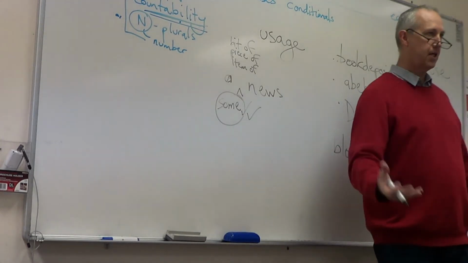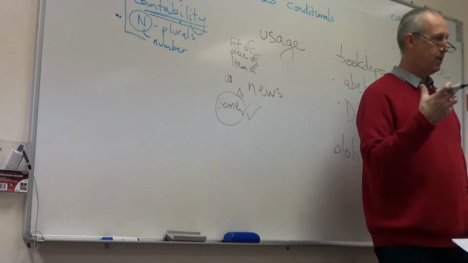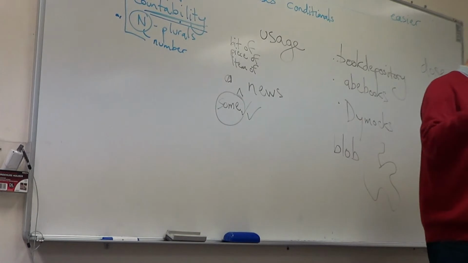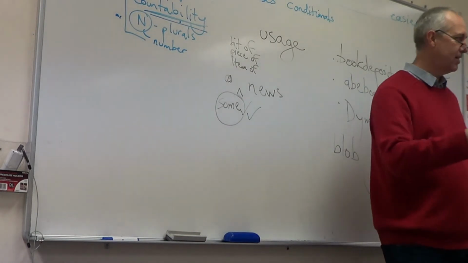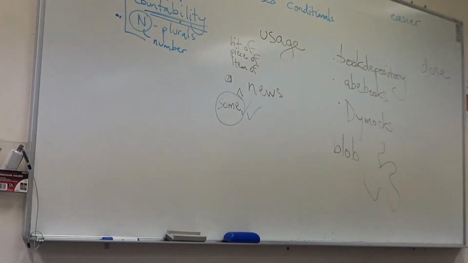It works for everything. Really useful word, but very indefinite, isn't it? Not very precise. But some, and do you remember our weak form list? Some. Did you hear how I was saying it? Not some, some. Some news, some chairs, some advice. That will work across countable and uncountable.